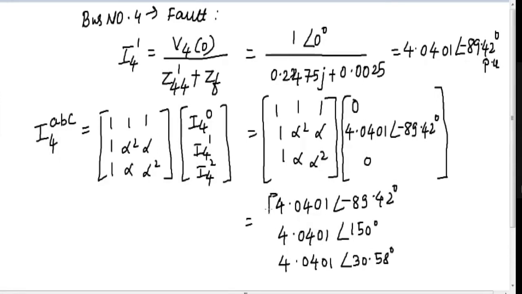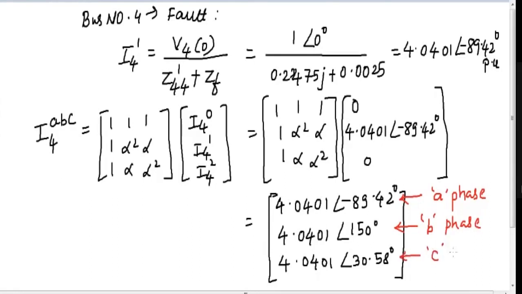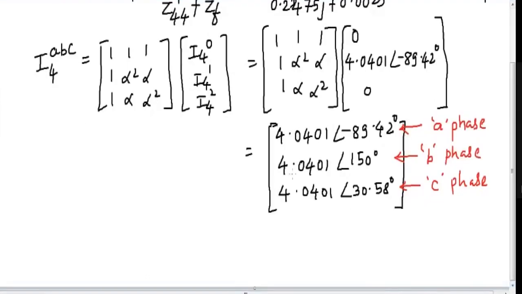So in this way we get the results, which correspond to phase A, and this will correspond to phase C. See here, as this is a three-phase fault, every time you will get the same magnitude.